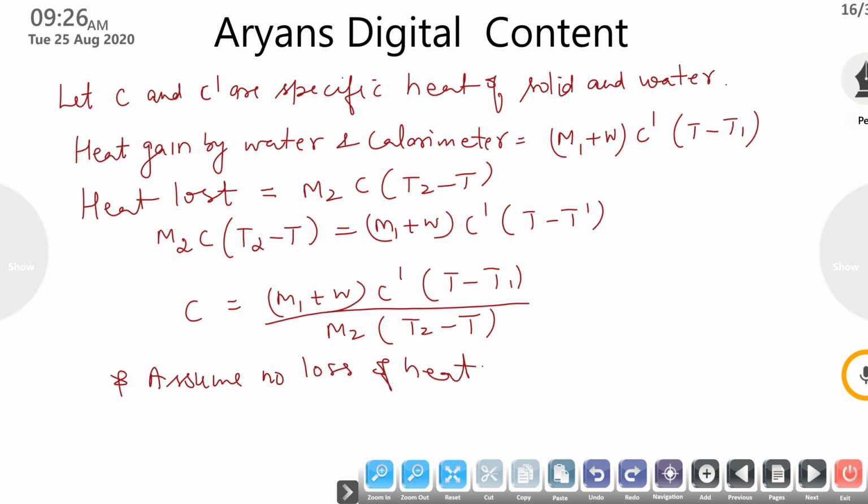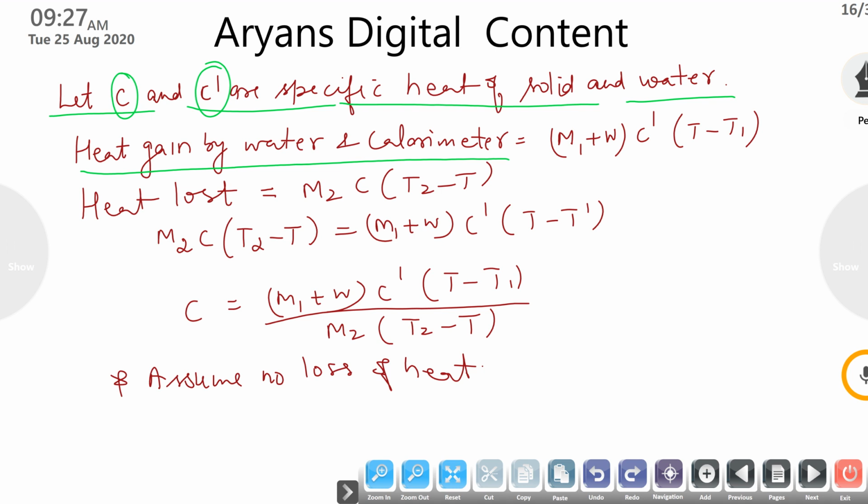Now simply by using the simple principle of mixture, that is heat gain is equal to heat loss. So first we have to calculate that. Let C and C dash be the specific heat of solid and water. C is the specific heat of solid and C dash is the specific heat of water. Then heat gain by the water and calorimeter. We have assumed that the temperature of the object is higher than the temperature of calorimeter and water.